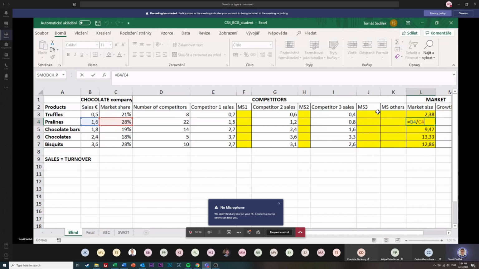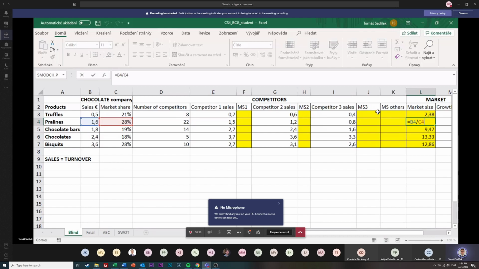If you have questions, just write me in the comments. I'm checking them. So we know the market size. Good question. Charlotte is asking about the sales.